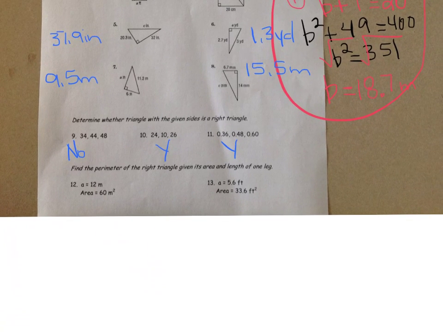Number 12, you should have gotten 37.6 meters. Number 13, 30.8 feet.